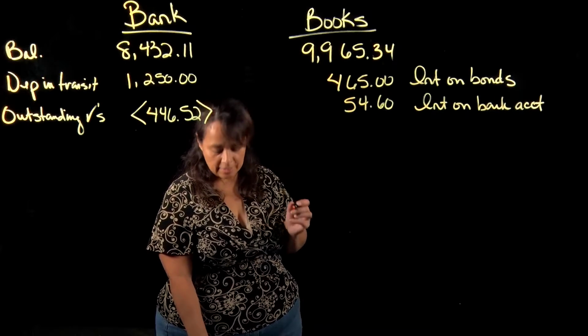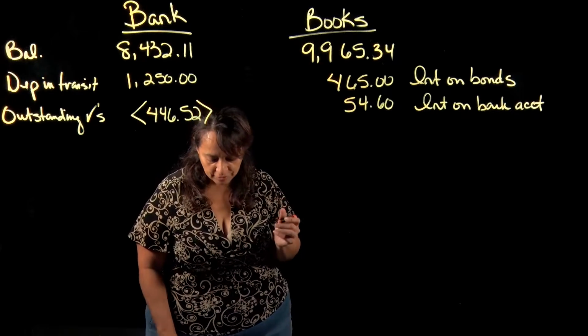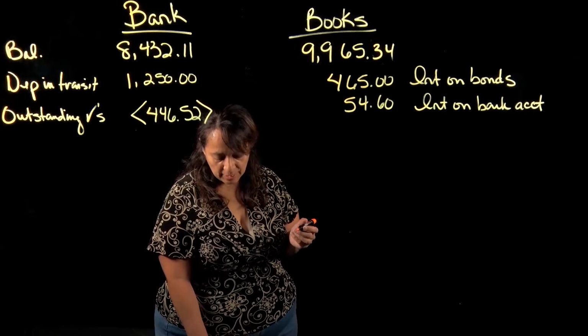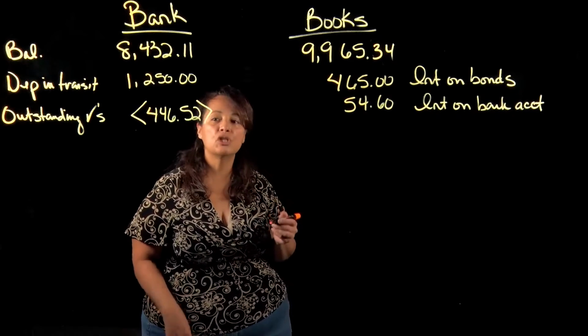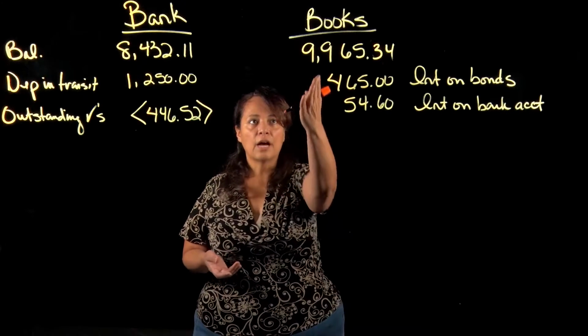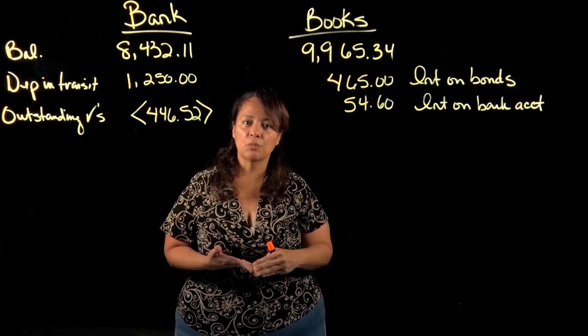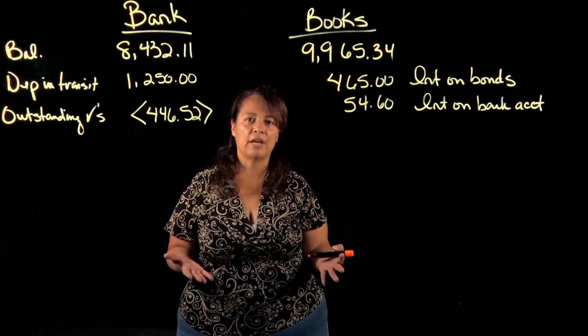In addition to this, a customer's non-sufficient funds check was deposited in the amount of $166, and it was returned on the bank statement. So what that means is that the company deposited a check from a customer but when we went to get the cash from their bank, there was no cash there.